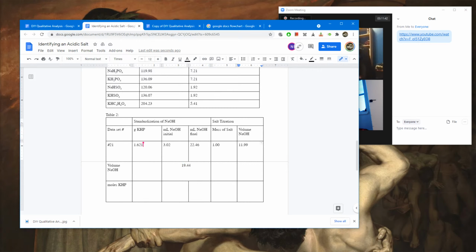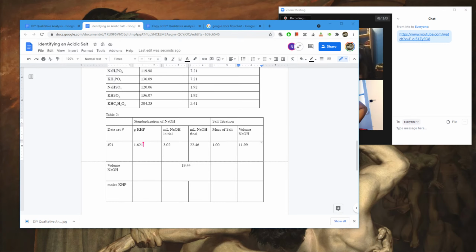Wait, what's this over here? Wait, standardization. Hold on. NaOH. Does it tell you the concentration of the NaOH?